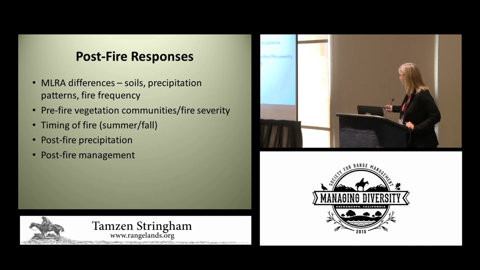Which also comes back to what is your pre-fire vegetation community? Timing of fire, summer and fall. Did you have a little rain event before that fire came through? That changes how hot that fire burns. Post-fire precipitation. What's the next year like? What's your growing season like? And then post-fire management. What's your grazing management like? And Devin's going to talk to you a little bit about that a little later.